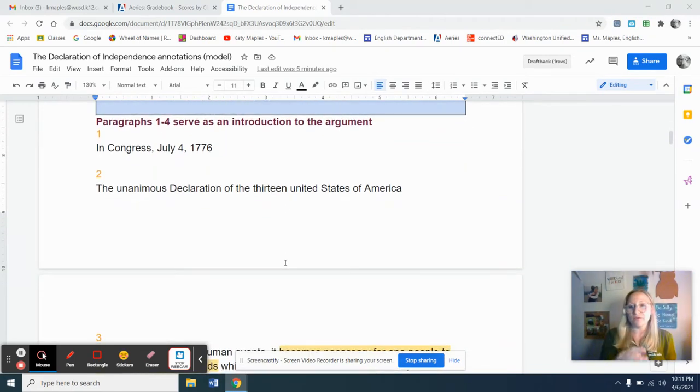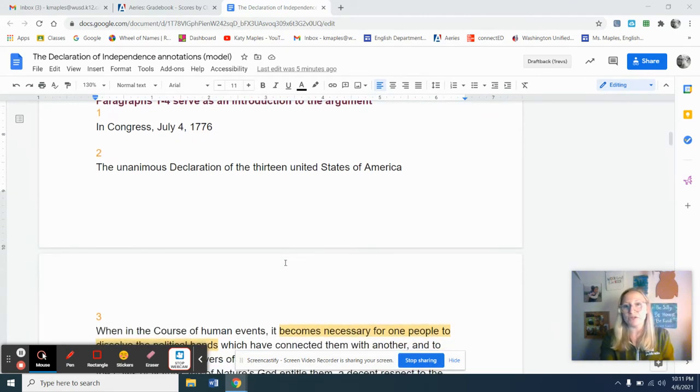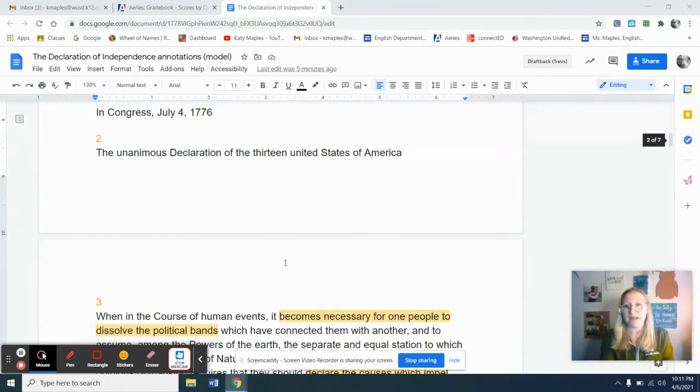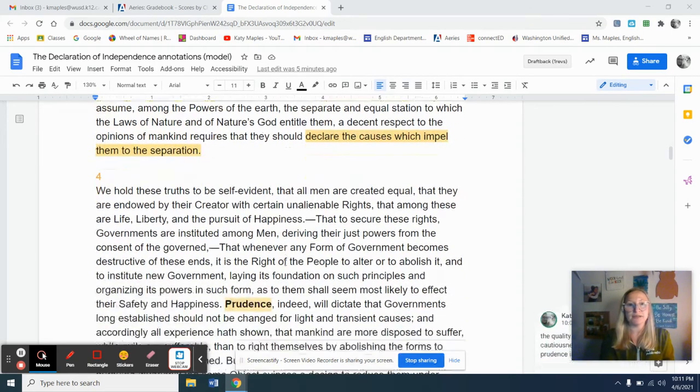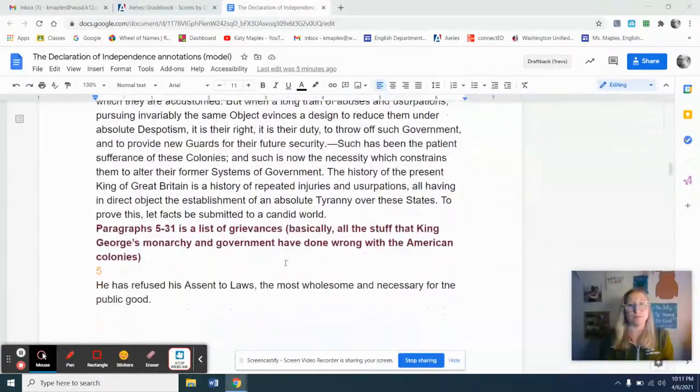And I'm just going to give you a brief overview of the document. The first 4 paragraphs is an introduction to the argument, basically setting up their stance, like what our rights are, what the rule of government is, and we're breaking up with you, King George, because you keep on doing us wrong. We have no choice. Paragraphs 5 through 31 is a list of grievances.